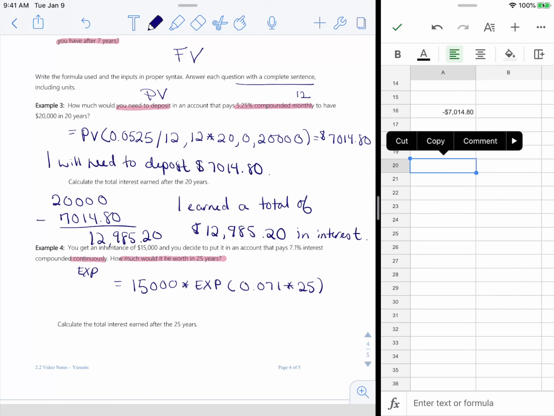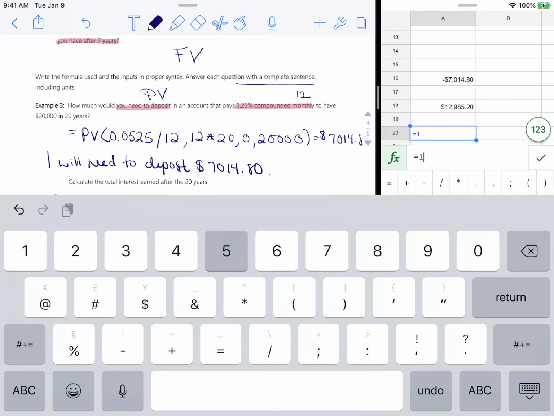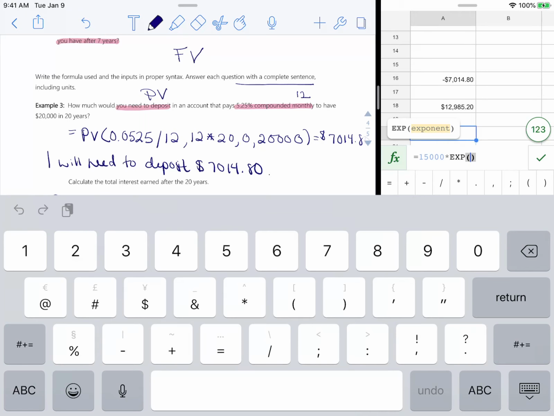So let's go over here. Equals 15,000 times, and then I'm going to do E, and you'll see these formulas show up. I'm going to choose EXP. And see how it prompts you exponent? Well, your exponent is your rate times your years.